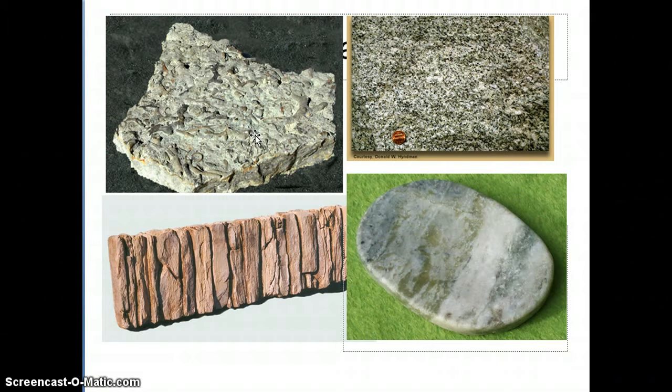It's going to allow water to come in, and ice crystals to form, or salt crystals to form. This is much easier to erode than, say, something like marble that's been metamorphosed, and all of the pore spaces or the air spaces have been removed. So the type of bedrock is really important.